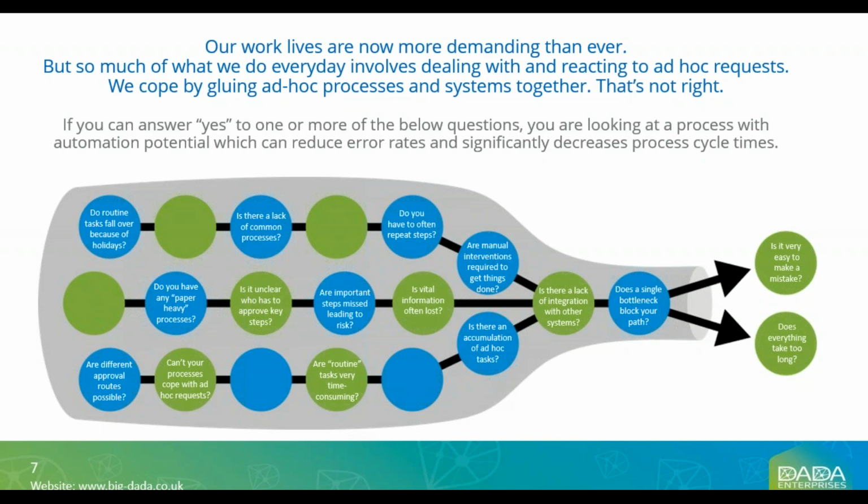Do things seem to fall over during the holiday period because they're not there to perform manual interventions? Is there a lot of ad hoc tasks? Is it unclear how things get approved, or where the bottlenecks are within the system? These are the types of things that can be automated, and you can then benefit from the process optimization that follows.